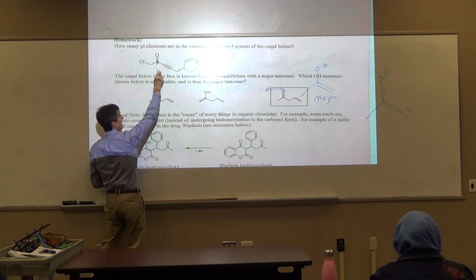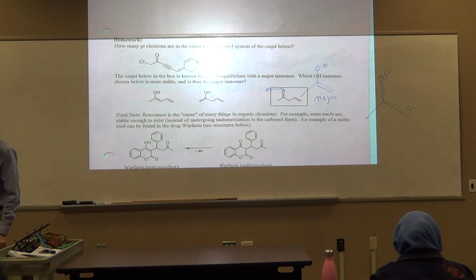But I'll let you get the answer up there on your own. All right. Resonance is the cause of many things in organic chemistry. Hopefully you maybe see that. Lots of answers will come from resonance, just like lots of answers come from hydrogen bonding. Okay, two very important things in organic chemistry.